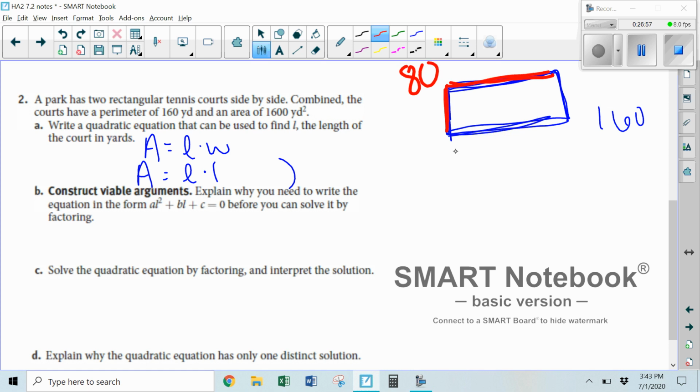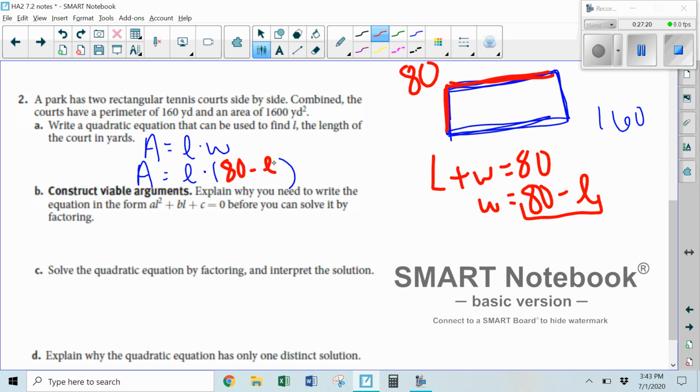So a length and a width have to add to 80 because when I double it, I get 160. So this means that the width is going to be 80 minus L. So over here, we don't want a W. We can write this instead of W. Then I could distribute that out.